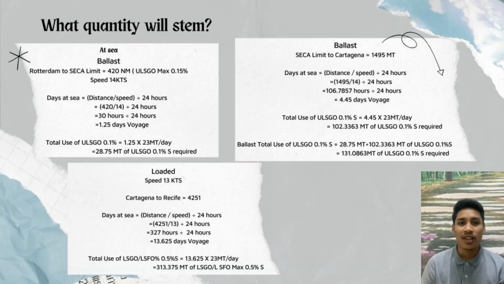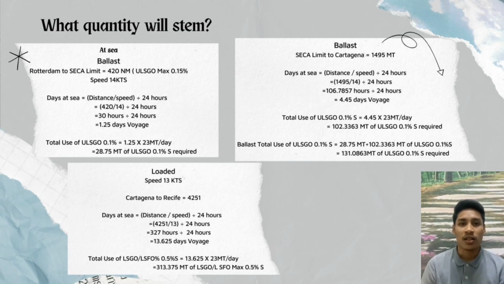Okay, next is what quantity we steam consist at sea, ballast and loaded. So ballast Rotterdam to Sika limit equals 420 nautical miles, ULSGO maximum 0.15% with speed 14 kts.